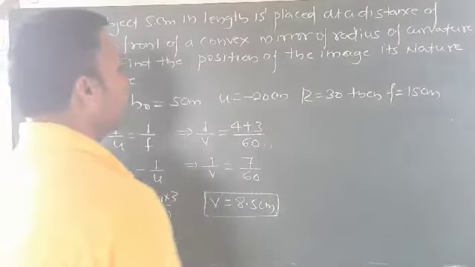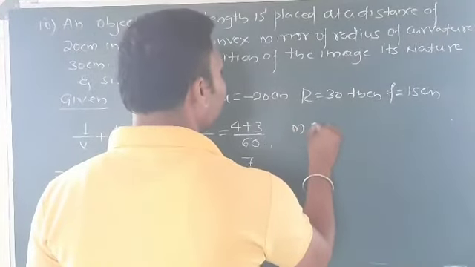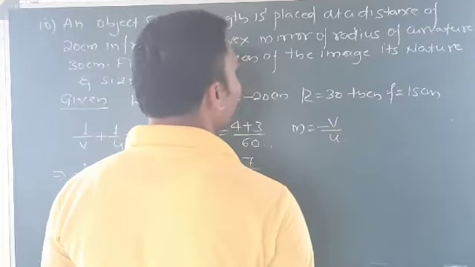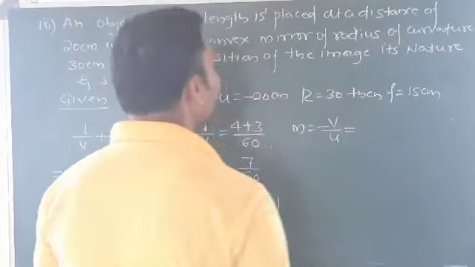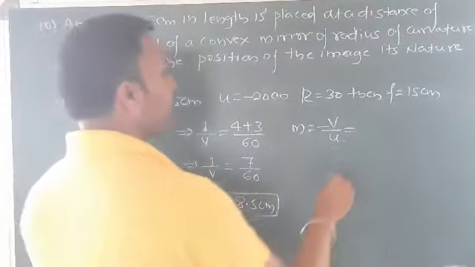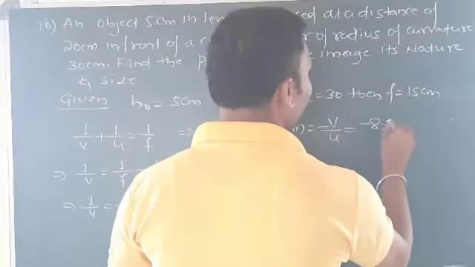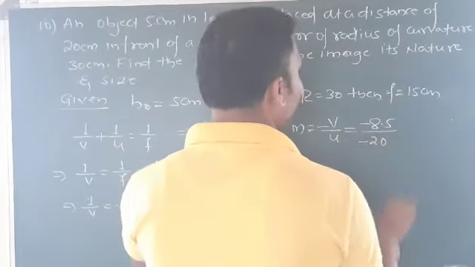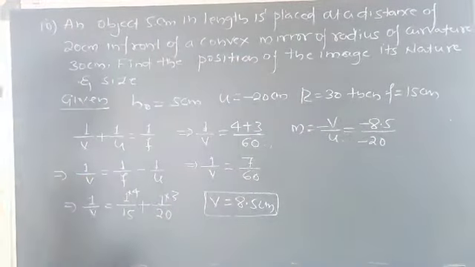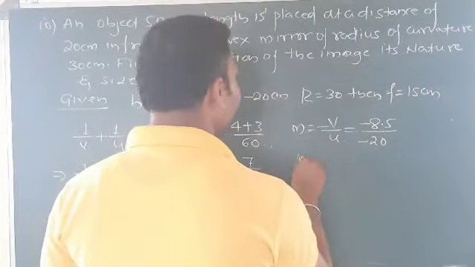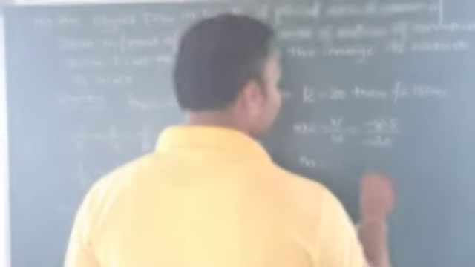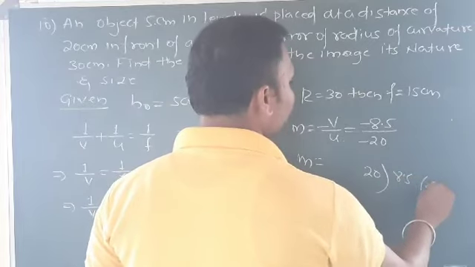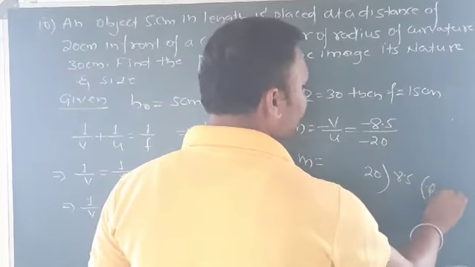So to calculate that, first of all we will calculate m. Here we have a mirror, so m is equal to v by u. Now v is minus 8.5 and u is minus 20. So m is equal to 8.5 by 20, which is 0.4.